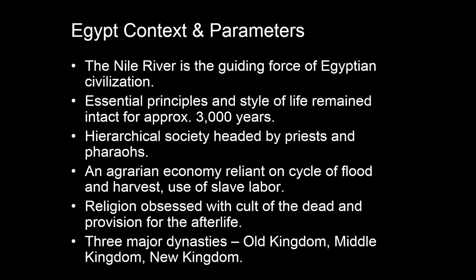So let's talk a little bit more about the context and parameters for Egypt. The Nile River, right, is the guiding force. I mentioned to you guys, and this is not in the slide, so you might want to make a note of this. The Nile was very predictable. It flooded in October. It did not flood at random periods.